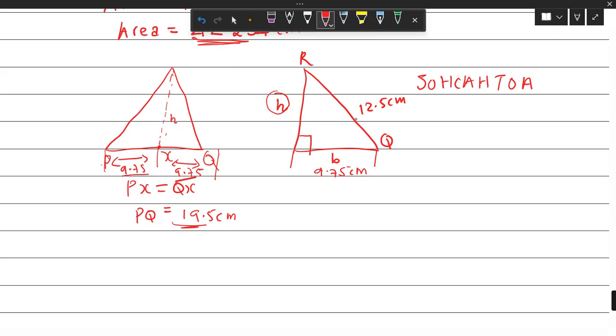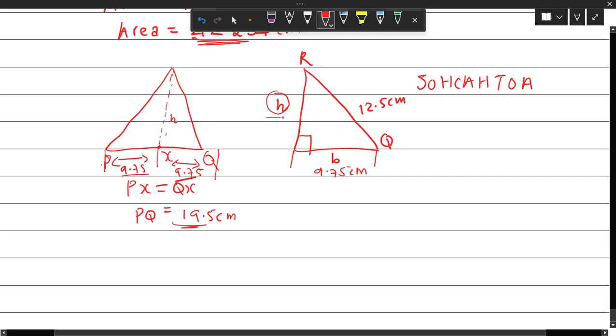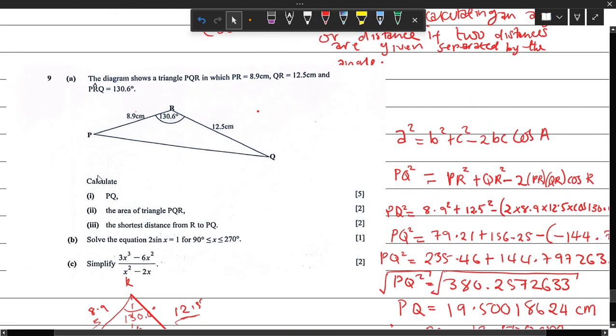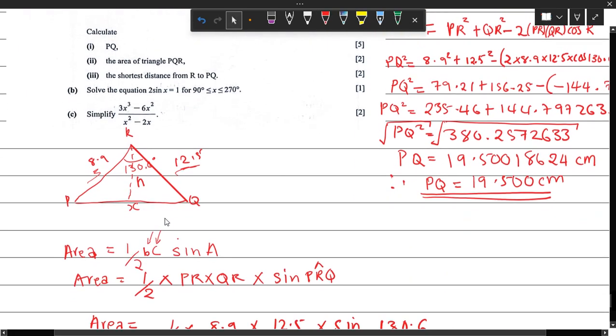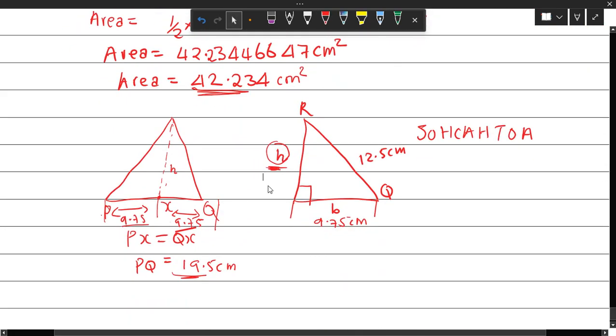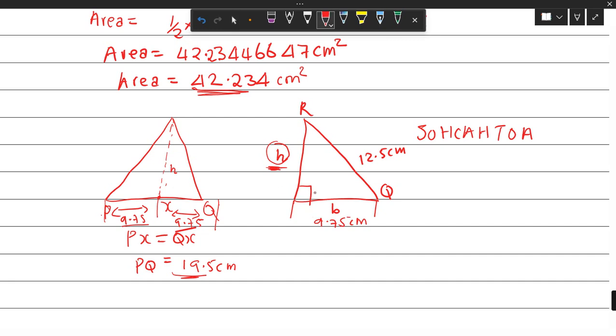So when you are trying to calculate the shortest distance, which is h in our case, we've labeled it as h. So what did they say? Shortest distance from R. Okay, it didn't say anything, so just put a symbol like x. Why are we dividing this triangle? Because we want to apply the basic formula for calculating the area of a right-angled triangle.